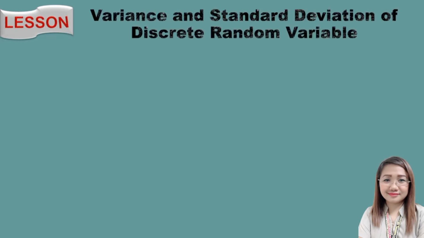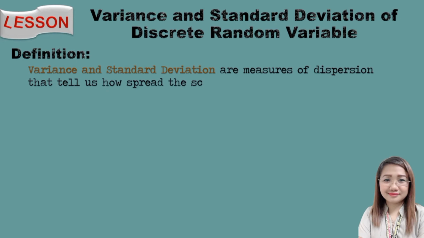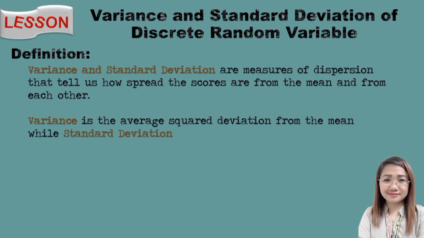Variance and standard deviation of a discrete random variable. By definition, variance and standard deviation are measures of dispersion that tell us how spread the scores are from the mean and from each other. Variance is the average squared deviation from the mean, while standard deviation is the average deviation from the mean.